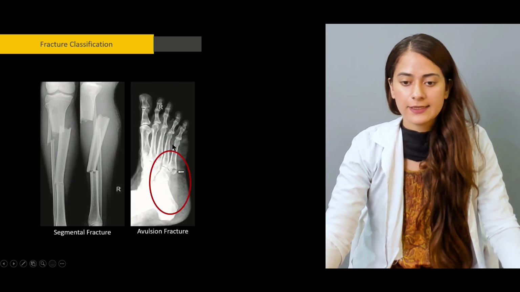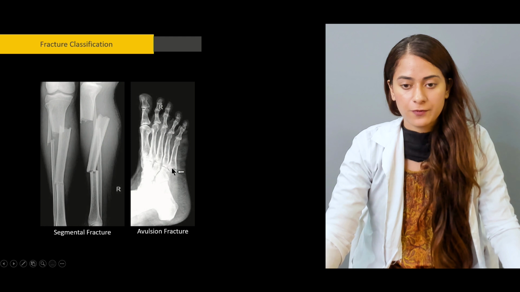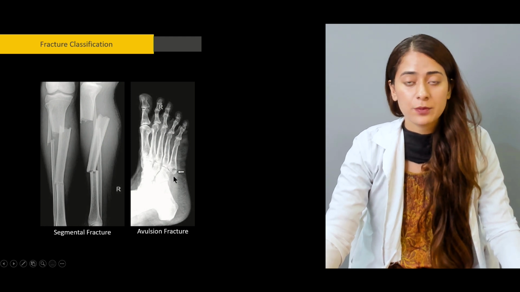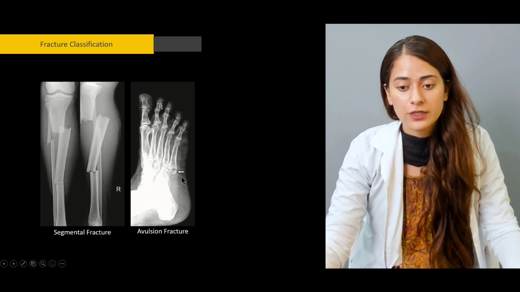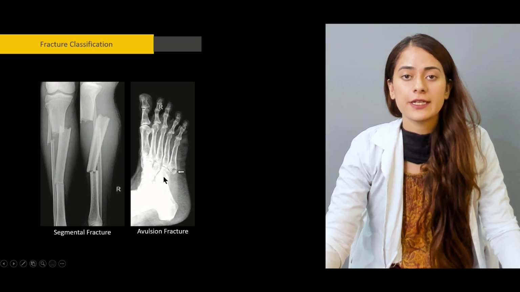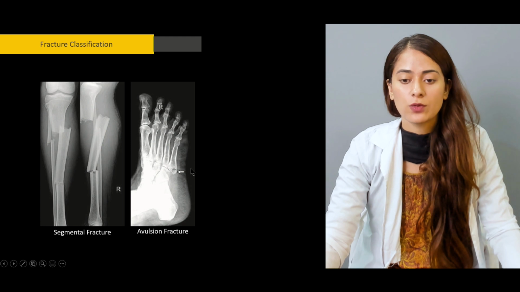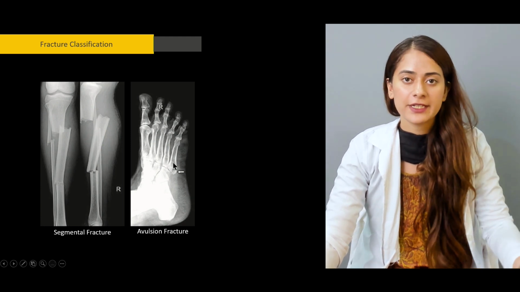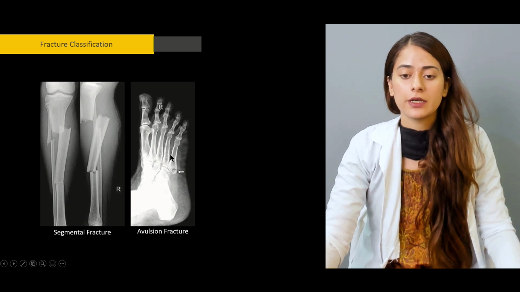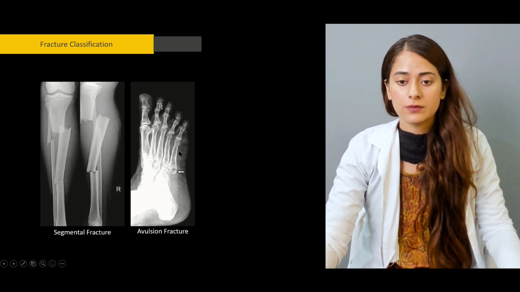Okay, so this is the radiograph of the foot, and here again, the placement of the foot is such that this portion of the foot can be identified or clearly seen. So the placement, like I said, is very important in the diagnosis.